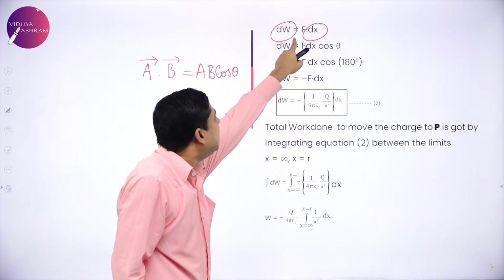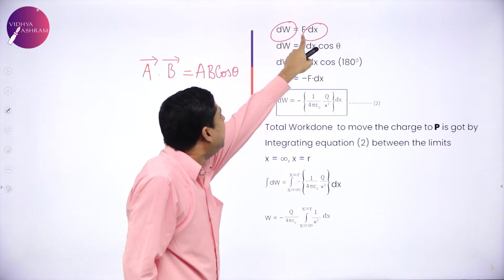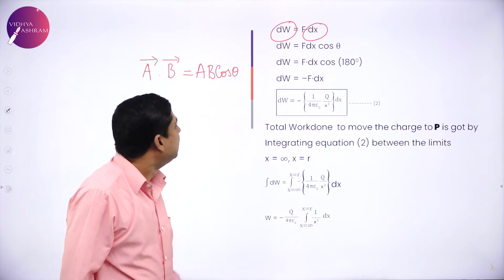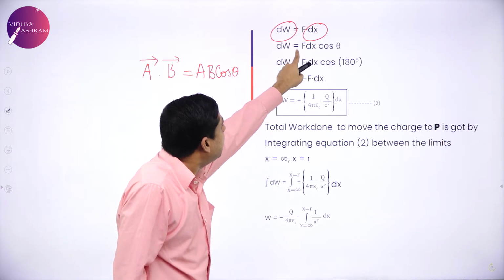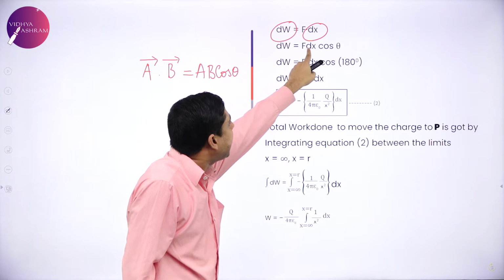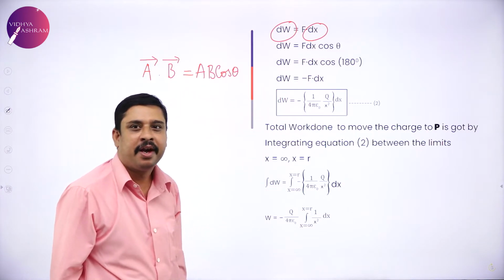So in place of A there is F, and in place of B there is dx. Therefore, on expansion, F dx cos theta.